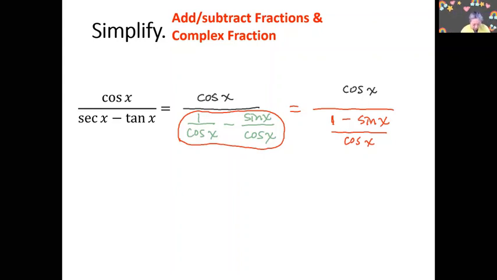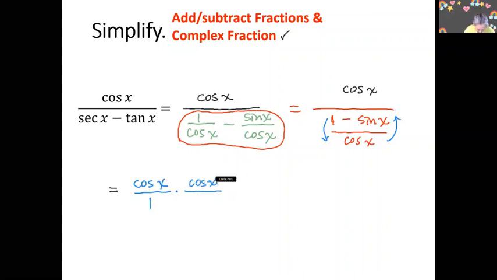Then we can utilize the complex fraction here in the next step. Then the numerator cosine x can be written in the fractional form cosine x over 1. Then now I have to reciprocal the bottom fraction, so it's going to be cosine x on top.